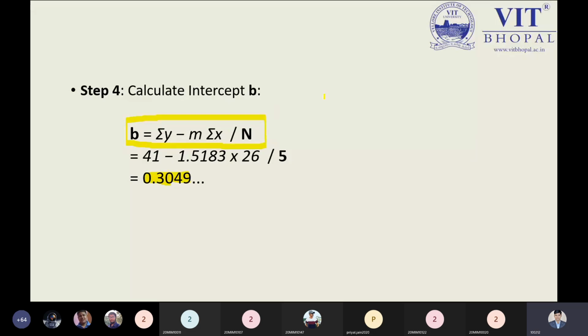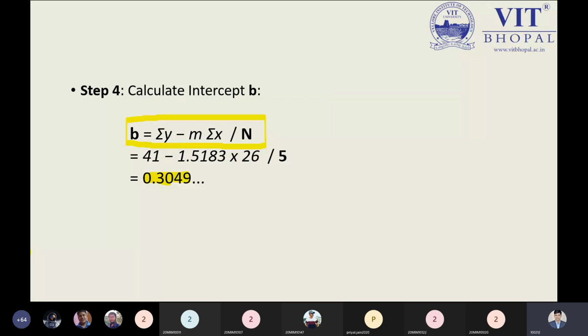Before calculating the interception point, you are required to calculate m, that is the slope value. Whatever value we got for the slope, here 1.5183, we put it into the equation with all the values and we get the b value, that is 0.3049.